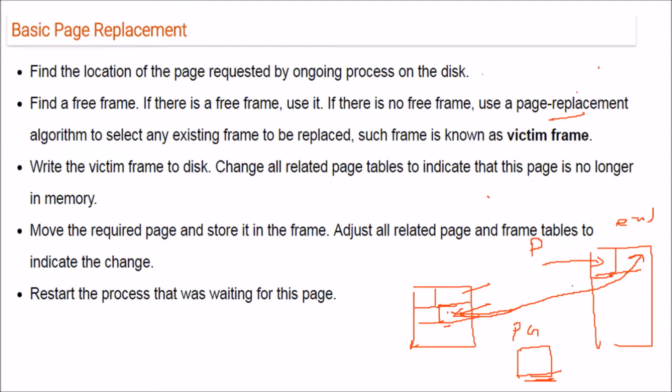Then the required page will be brought into the frame which has just been freed. Again we change the related page and frame tables, because there is some change. And now the process which is waiting for this page to come into the main memory will be restarted.